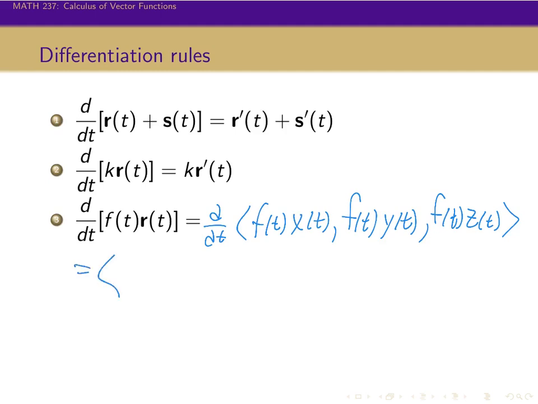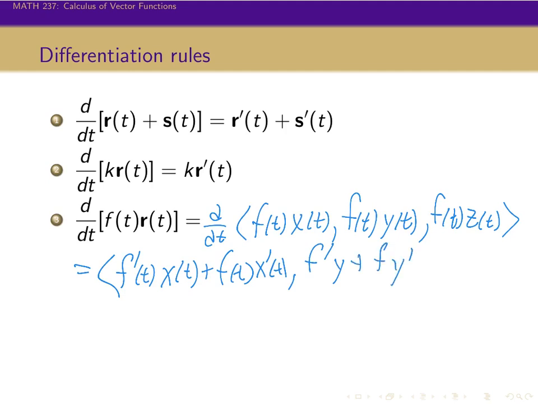And so that means in the first component, going by the product rule, it's going to be f prime of t x of t plus f of t x prime of t. I think I'm going to drop the t's in there to save space. f prime y plus f y prime, f prime z plus f z prime. And then here we can break these up between the f primes and the f's.